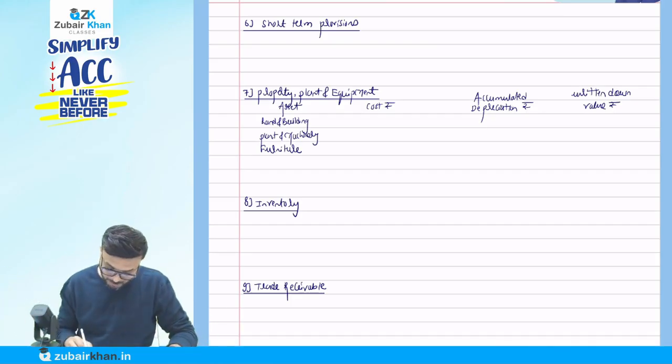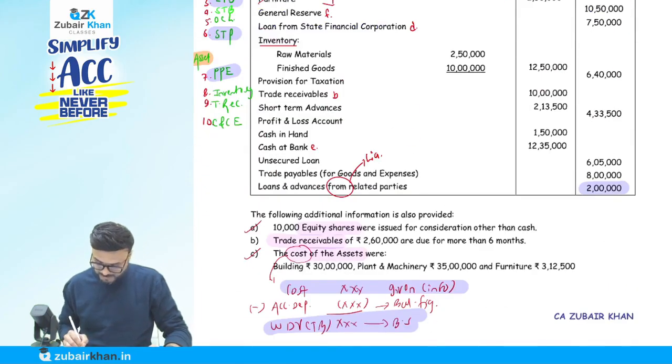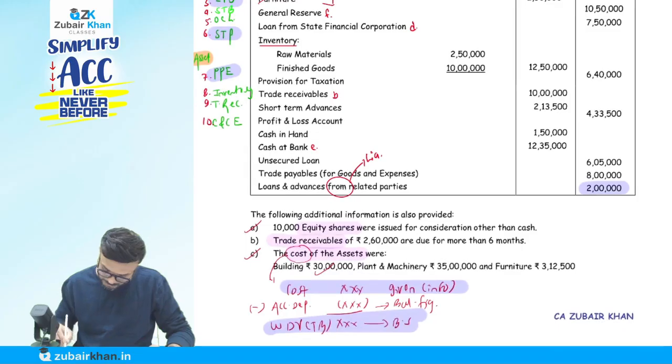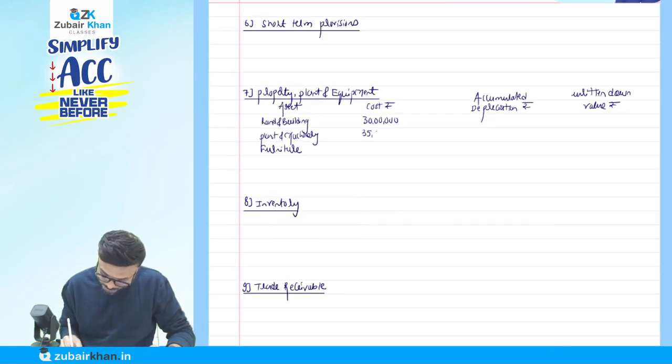Now please wait. This is the cost that they have given in point number C. So building is how much? 30 lakh, so I will write it down here, 30 lakhs. Then plant and machinery, 35 lakh. Then furniture, 3,12,500.